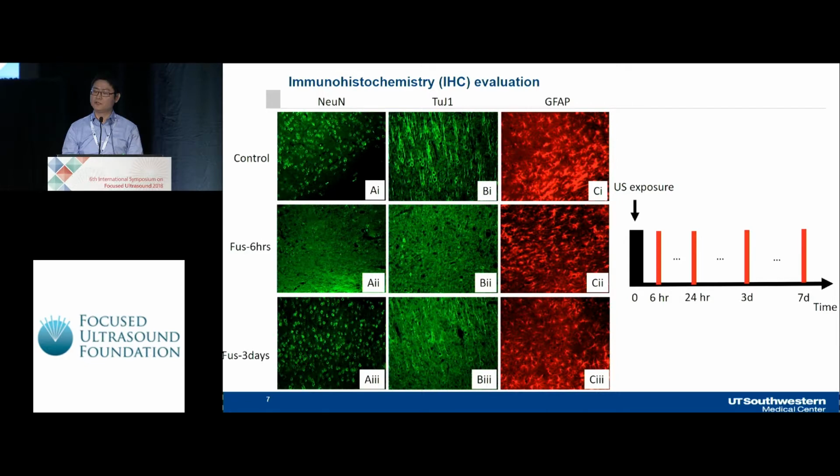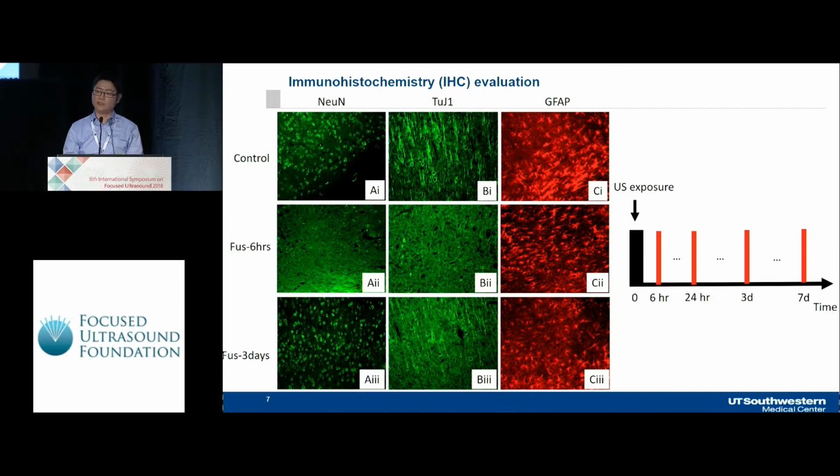The first two columns here, NeuN and TUJ1, are two proteins specifically expressed by the neurons. And the third column, GFAP, is the biomarker of the astrocytes. Compared with the first row, which are the controls, at the 6 hour time point, we were surprised to see that we experienced protein loss for the neurons, but not for the astrocytes.